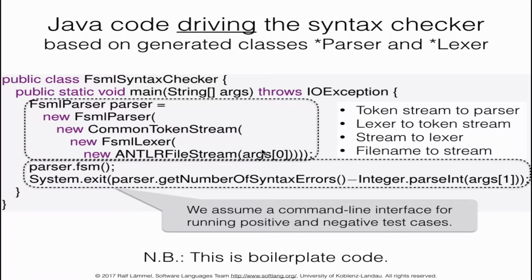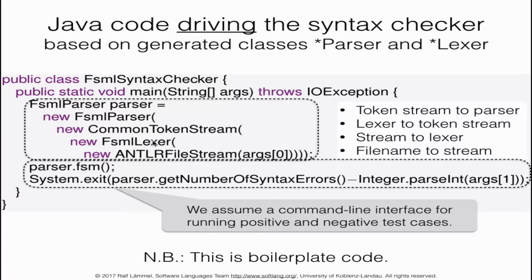So this driver code essentially just uses the generated FSML parser and FSML lexer classes. The lexer class is the one that, given some textual input, in fact some sort of an ANTLR file stream, will essentially try to recognize tokens, that is keywords like initial and state, special characters like open and close brace, and state IDs.